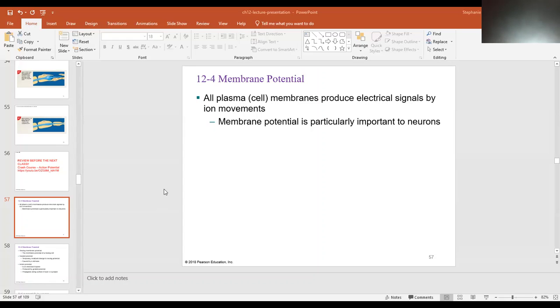As we are looking at membrane potential, this is going to be an incredibly important thing to make sure that you understand. The word potential means that somebody or something has the ability to do something.